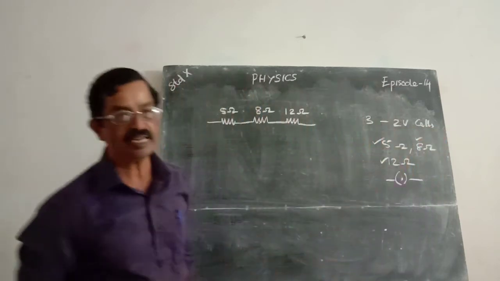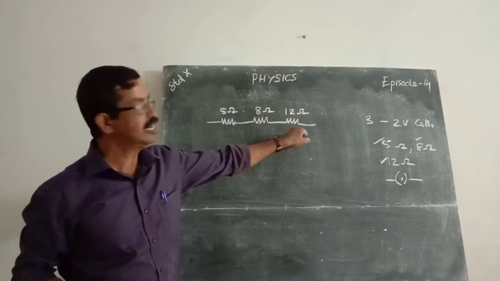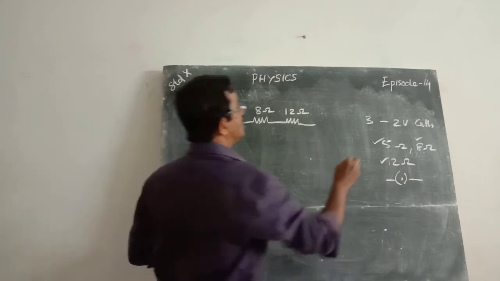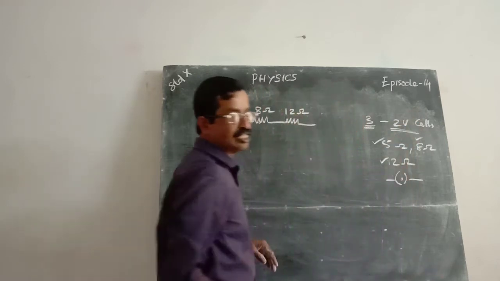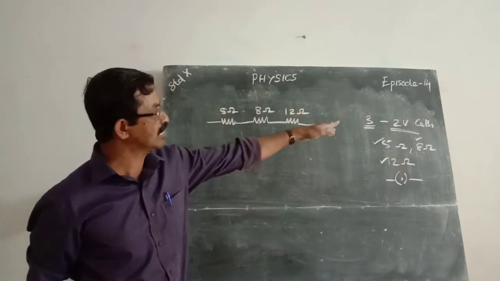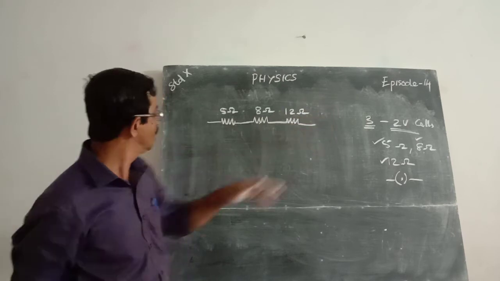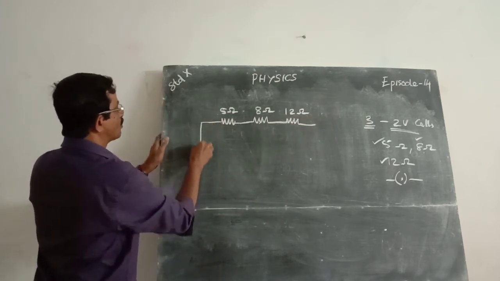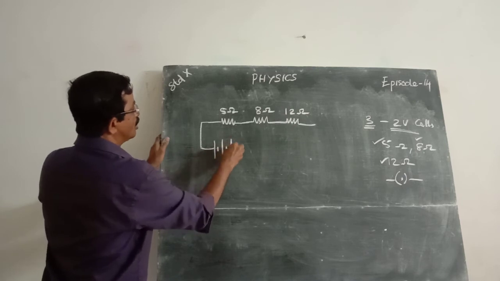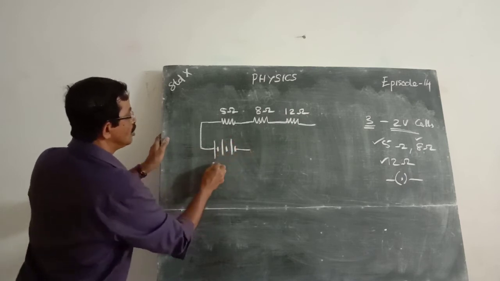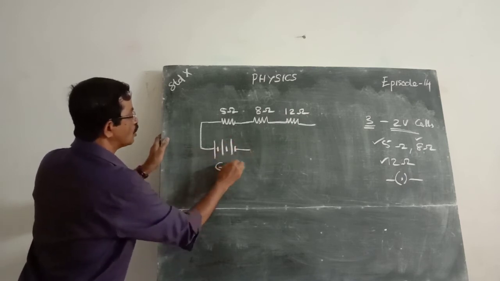Now we want to connect the 3 2-volt cells. When these are connected, it becomes a battery. So we can connect these 3: the first one, second one and third one. Together they make 6 volt.